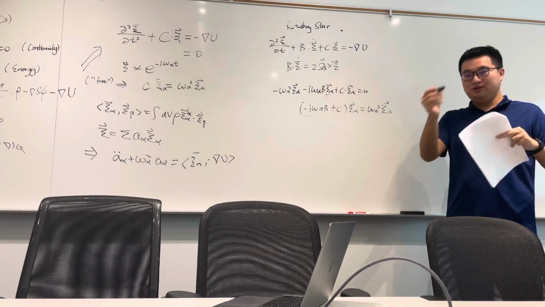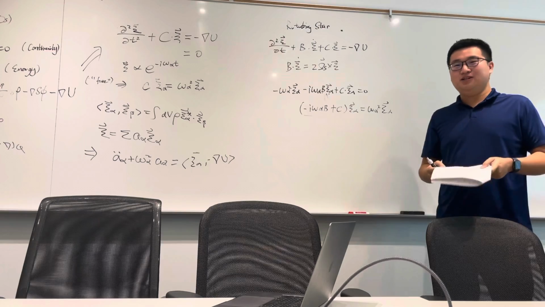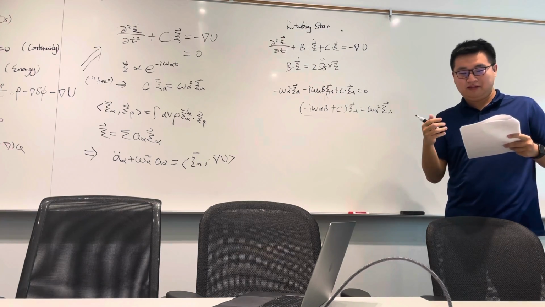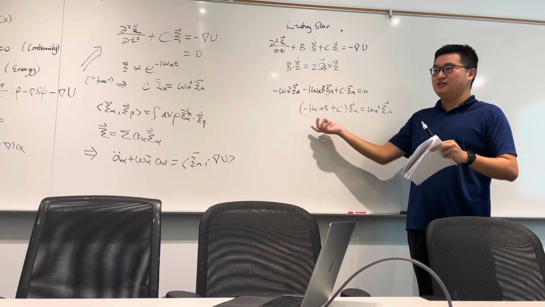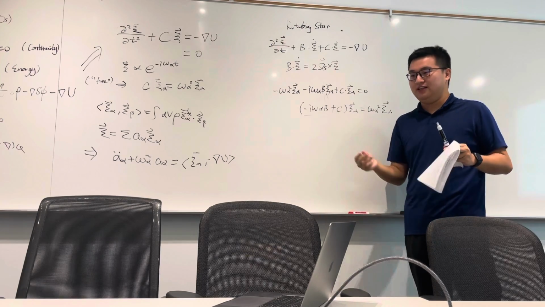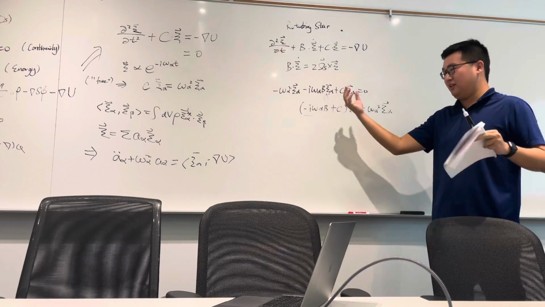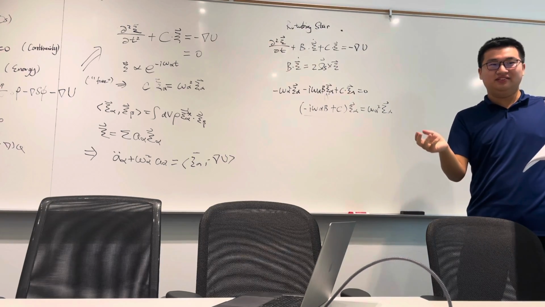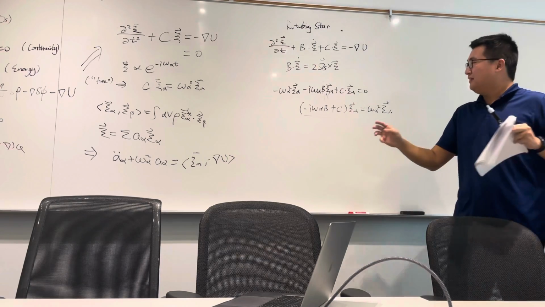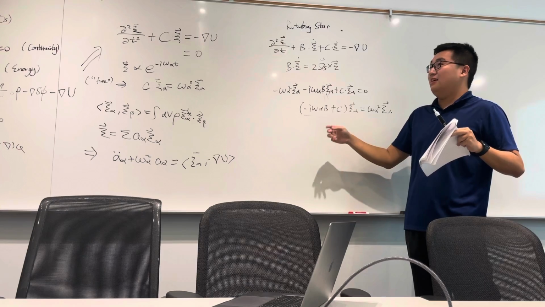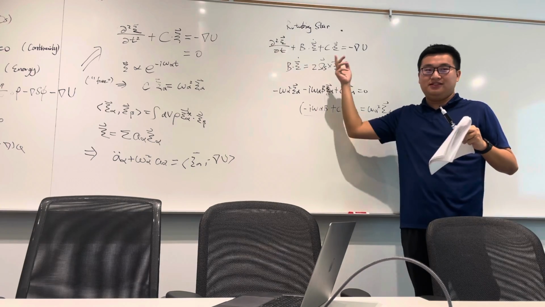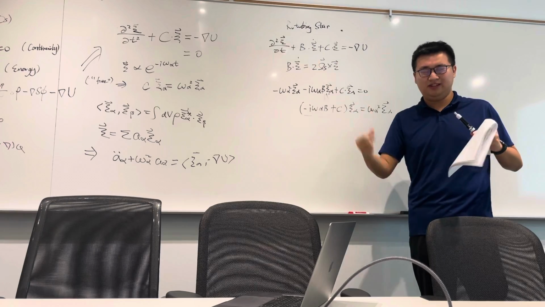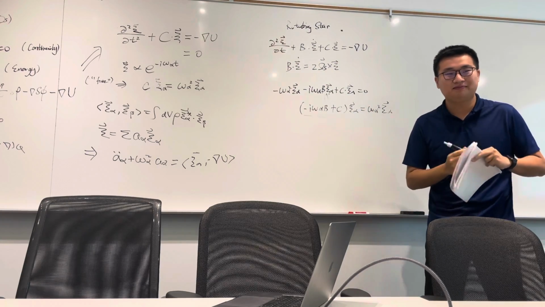Can anybody remind me, is there a way that we can, if we only have a first time derivative or a second time derivative, then everything's solved. But we have a combination of them both. So is there a way that we can modify this equation so that it only has second derivatives or first derivatives?